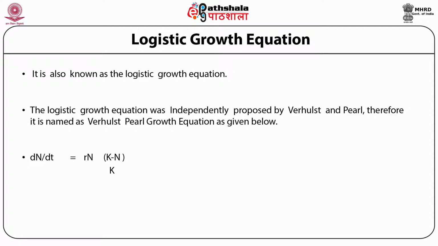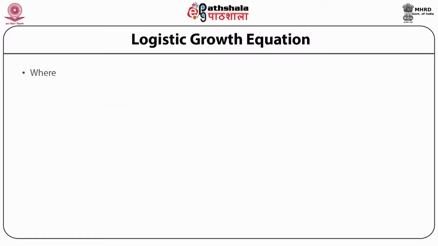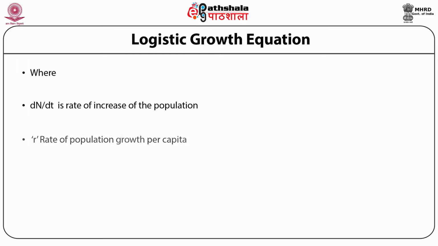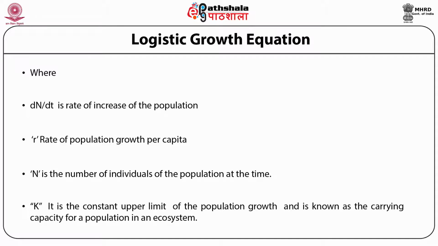In other words, it can be written as rN(1 - N/K), where dN/dt is the rate of increase of population or the rate of population growth per capita, N is the number of individuals of the population at a given time, t is time, K is the constant upper limit of the population and is known as the carrying capacity for a population in the ecosystem.